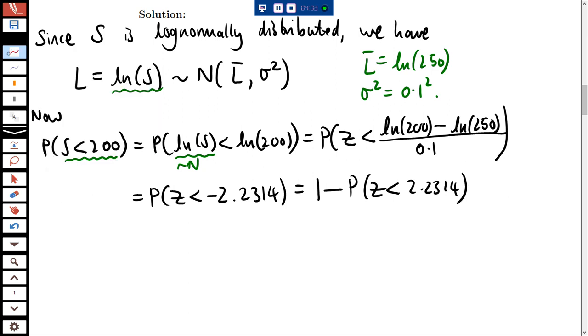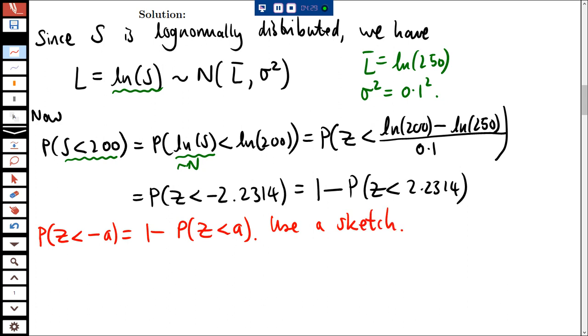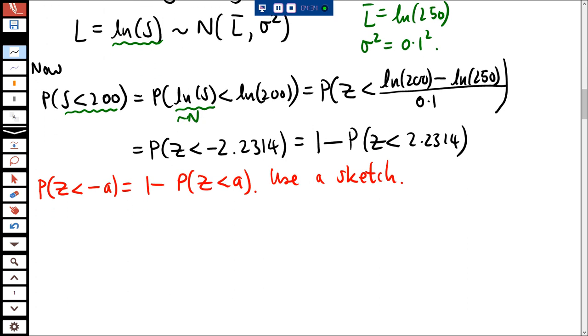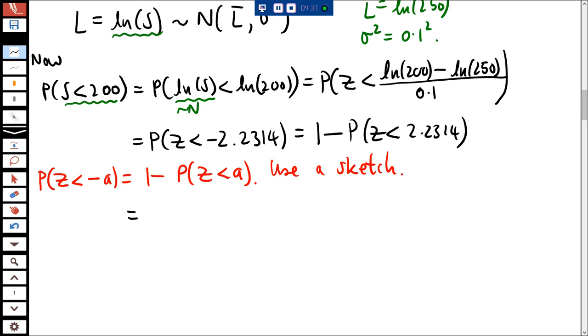The rule I'm using here is that the probability Z is less than some negative number, say A, is the same as 1 minus the probability that Z is less than A. We can see that from a sketch: if you draw a picture, look at the symmetry. That's easy enough to prove, so we can just assume that's true. Now we can use our tables. So the probability that S is less than 200 is 1 minus this probability.